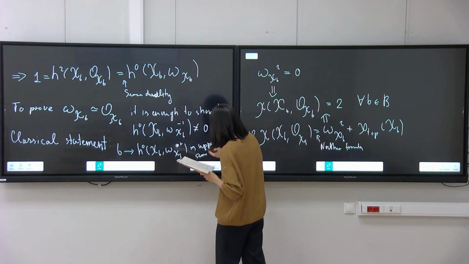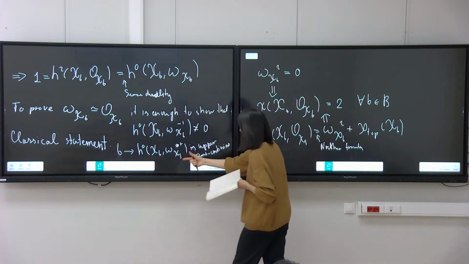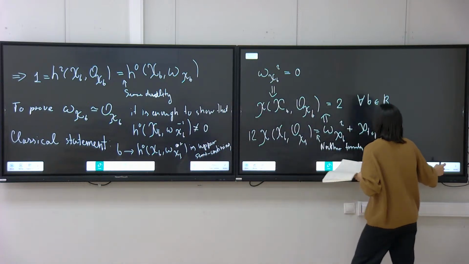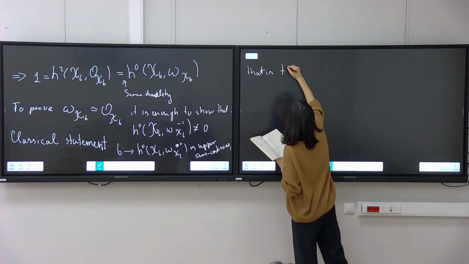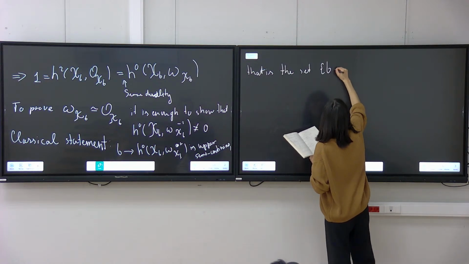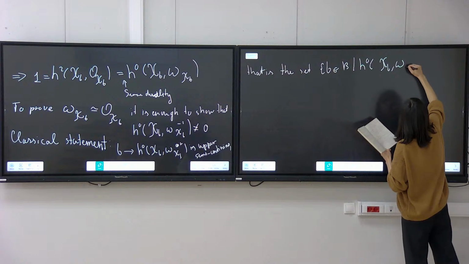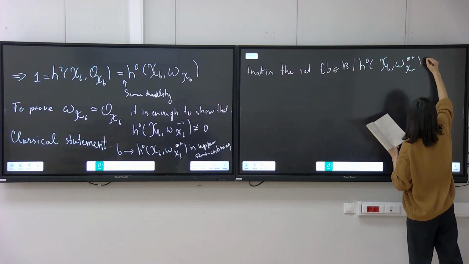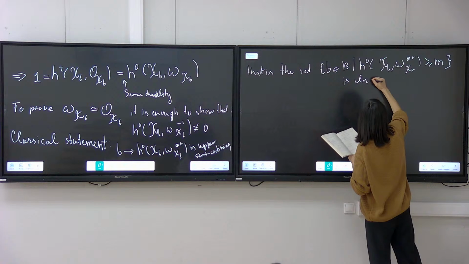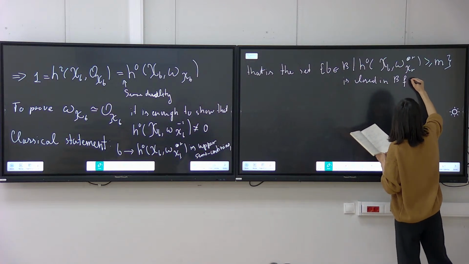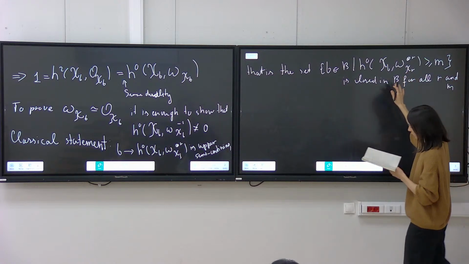What does this mean? That the set of points such that the dimension of global sections is greater or equal to some fixed number is closed in B, for all r and M.